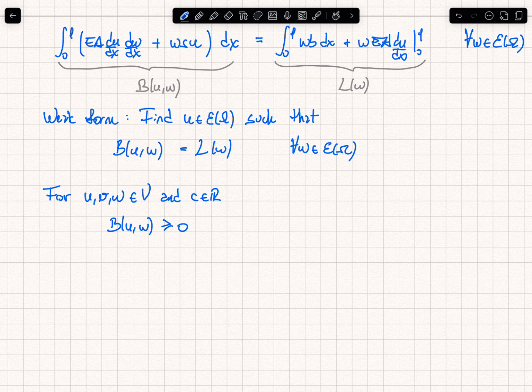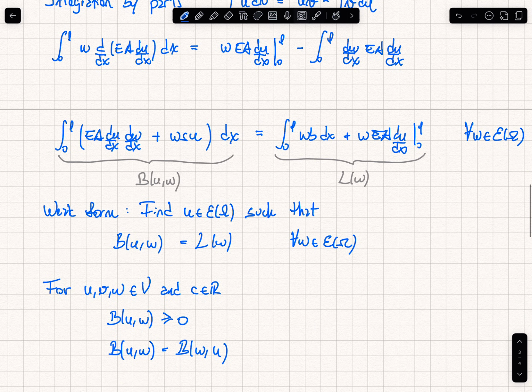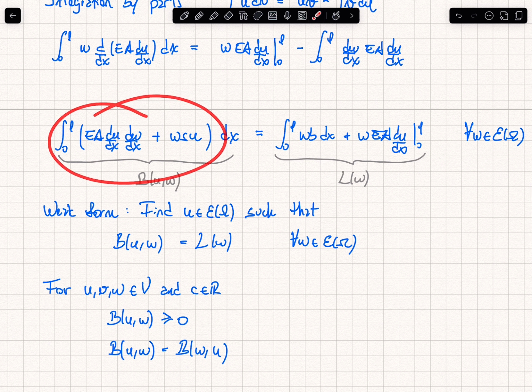Then we have a nice symmetric property. You can see that B of U and W is equal to B of W and U. And indeed, if I just look at every single term in this expression, if you just swap the two, you get the same equation, right? If I put here W and here U, and I put here U and here W, it's exactly the same expression.